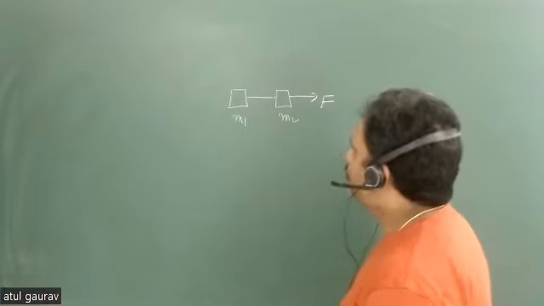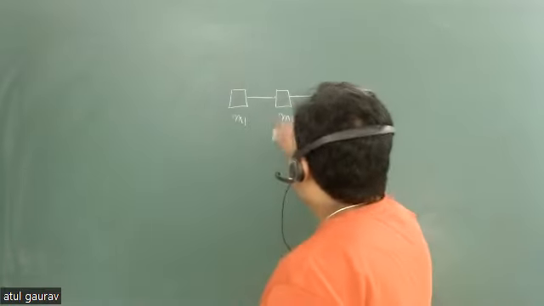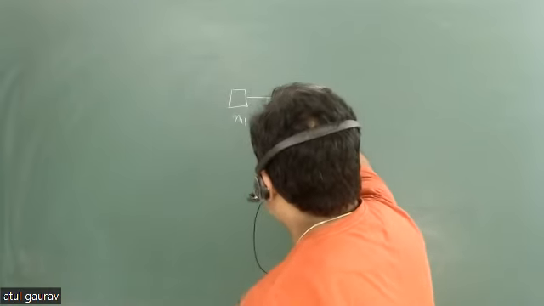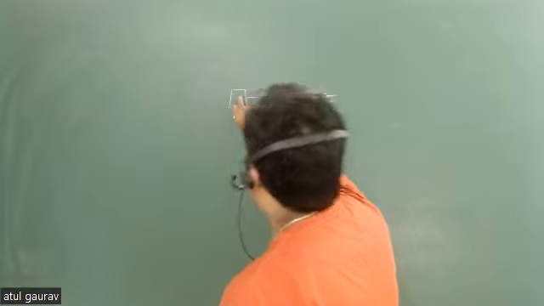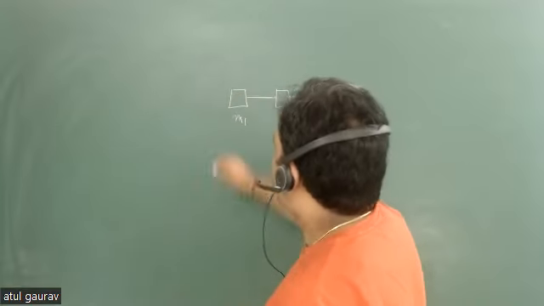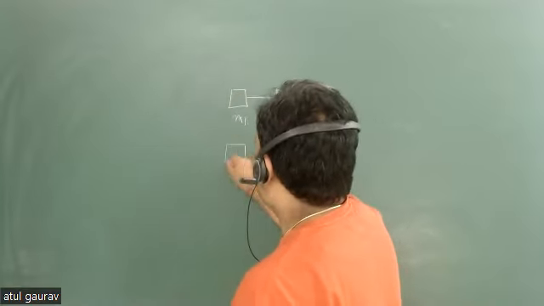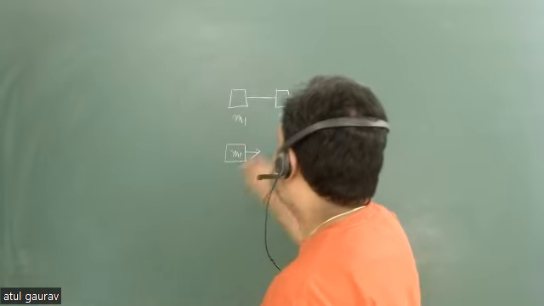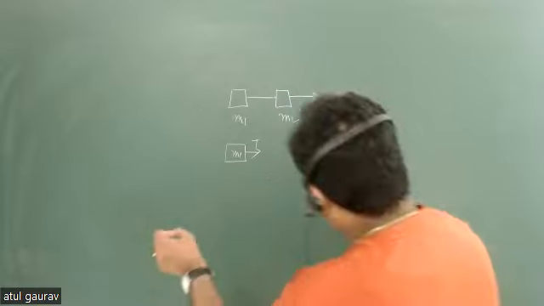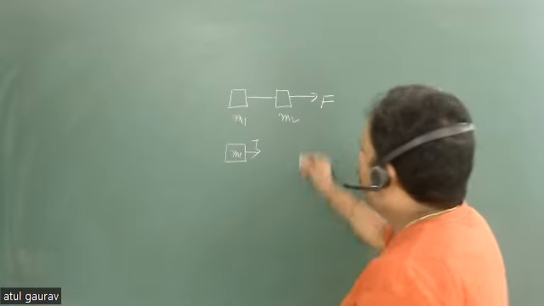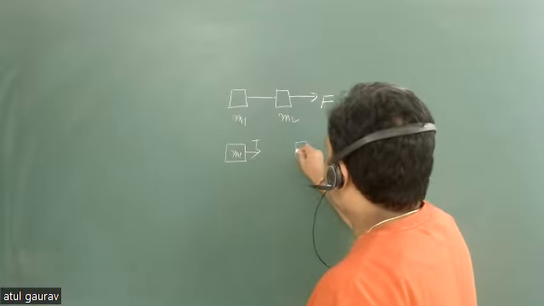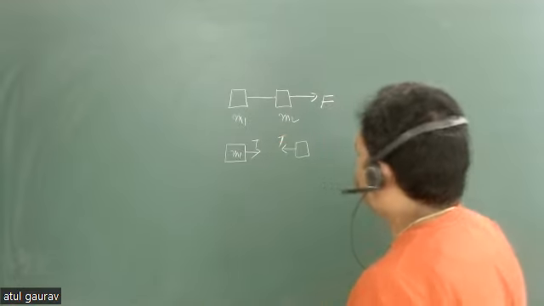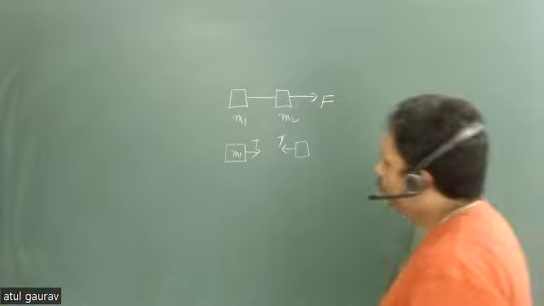This tension will pull this particle, as well as pull this particle also. What is the meaning of that? If I am talking about M1, the tension will act in this direction. This will just pull it. And for M2, you have to be very careful. The tension will be in this direction. Are you getting my point?